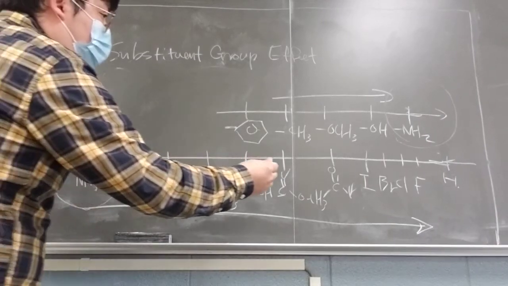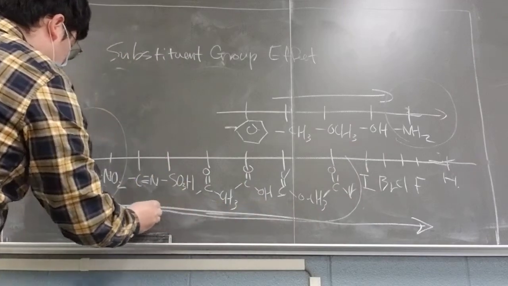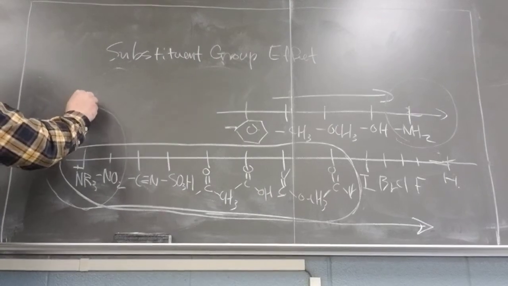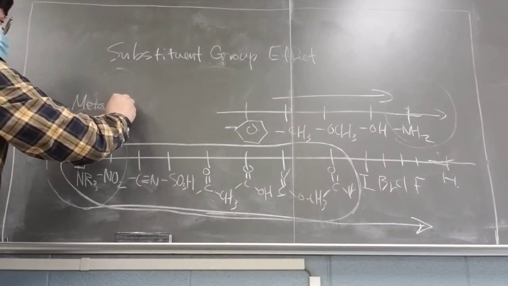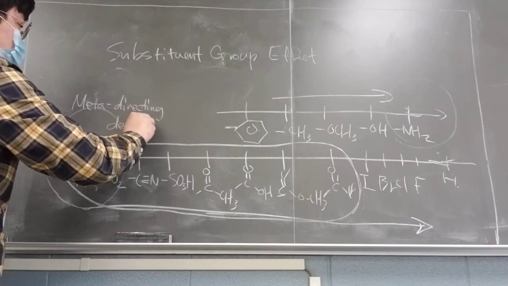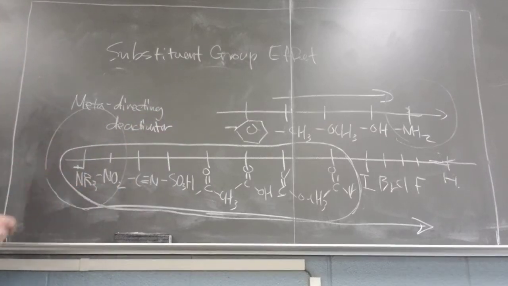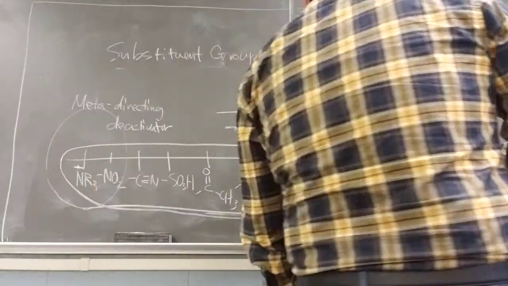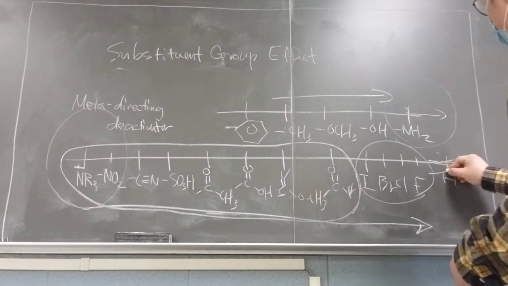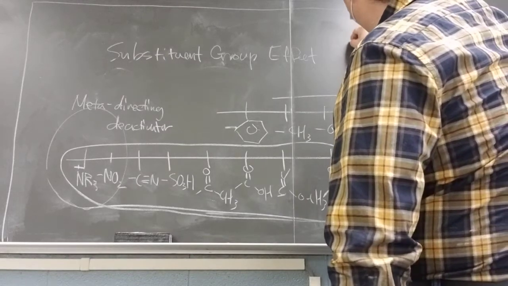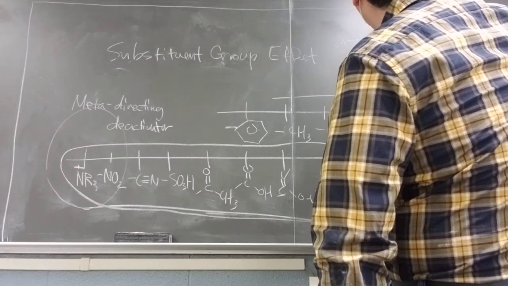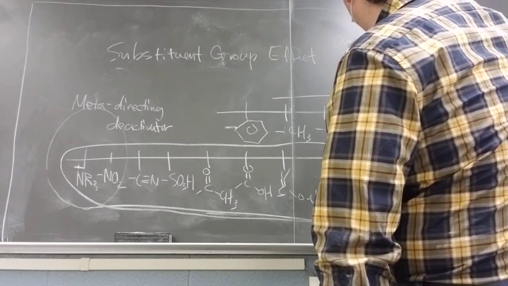So if you look at this one over here, this is what we call meta-directing deactivator. This part here. And if you see there's a halogen group over here, this is what we call ortho para directing deactivator.